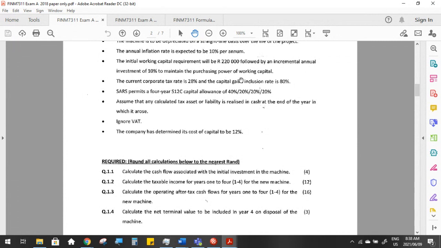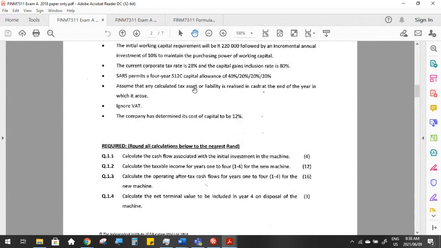Tax rate is 28, capital gains inclusion rate is 80%, and we're using the 4-year because it's a new machine. Capital allowance 40, 20, 20, 20. Assume any calculated tax asset or liability is realized in cash at the end of the year in which it arose. So this is important, and if you've worked through any of the questions in your textbook, you'll see that in some of the questions, they say that your tax asset or liability is realized in the year following the year in which it arose.